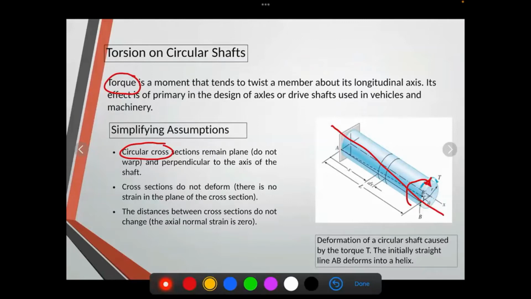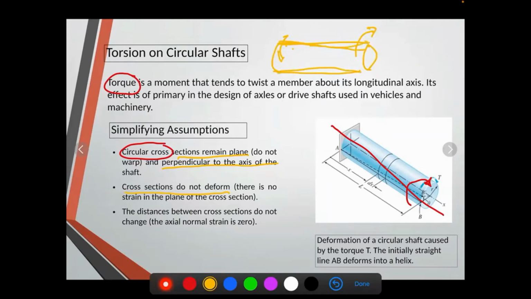So first, the cross-section remains plane and perpendicular to the axis. The cross-sections do not deform. Kasi if masyadong malaki yung moment na i-apply natin, kunyari ito din yung circular shaft, may tendency talagang mag-twist na magkakaroon siya ng deformation.